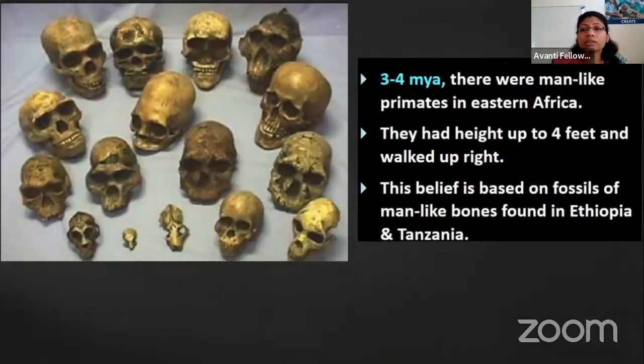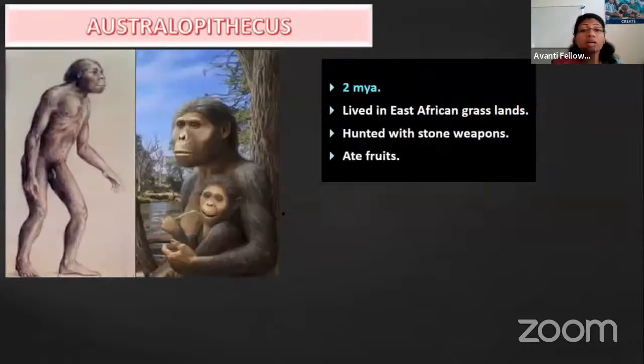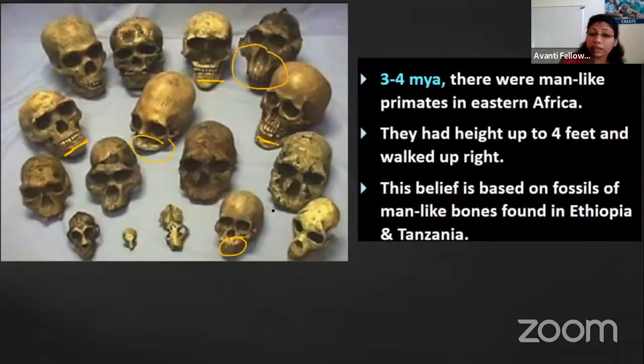So here you can see we have so many fossils. All the fossils have a skull, and as you can see, each and every skull has a different type of jaw. The structure of their jawbone is completely different, and along with the size and shape of the jawbone, they also have different types of teeth.